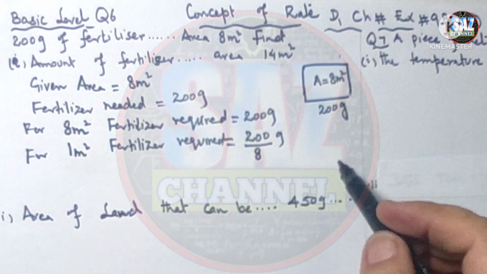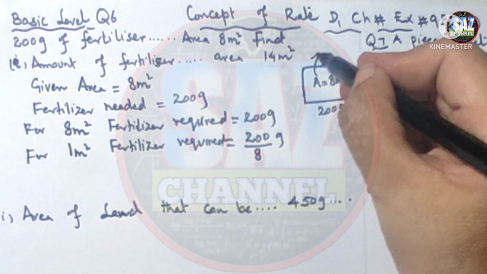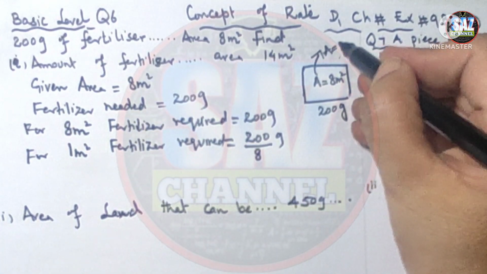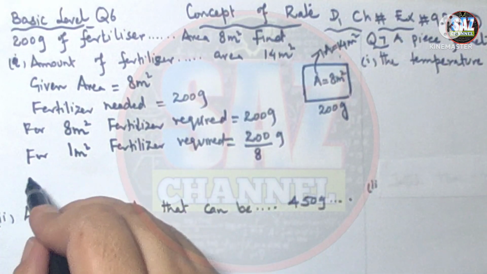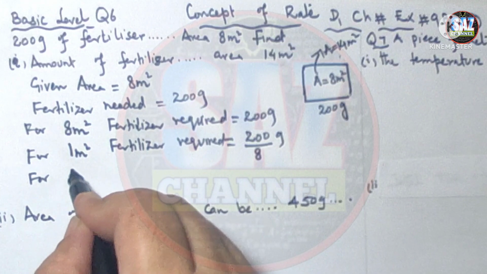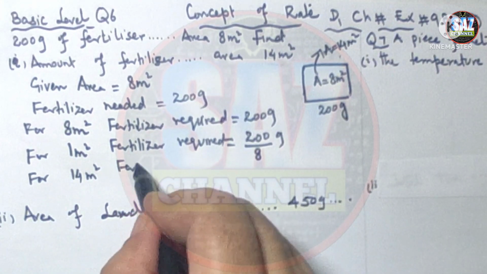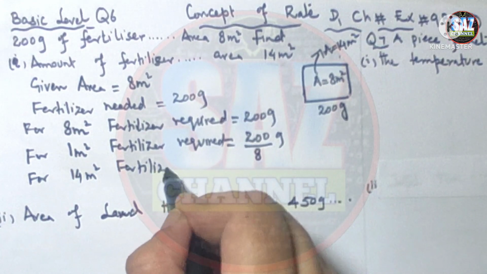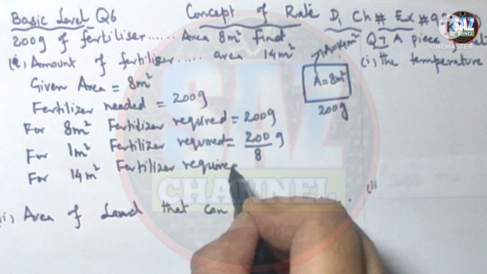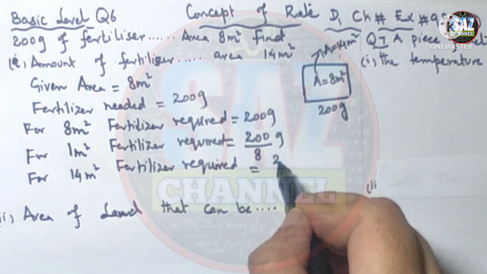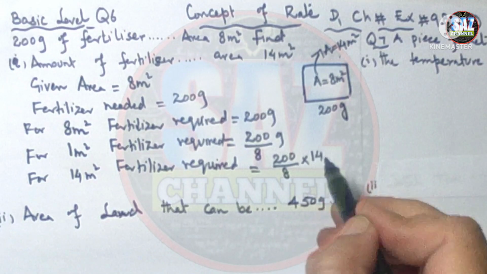And the new area is 14 meters square, so how much fertilizer are you going to use for 14 meters square? Fertilizer required equals 200 divided by 8 multiplied by 14.